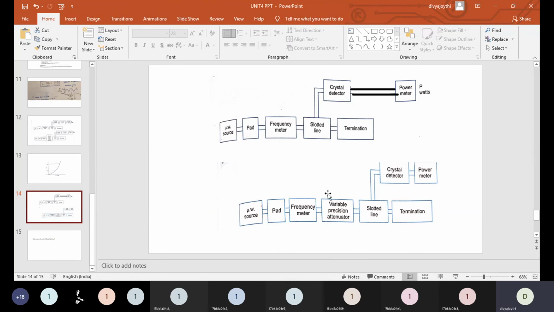The value of attenuation at which you get the 5 watts of power is nothing but the attenuation of your unknown device. So in this manner, by making use of the RF substitution method, the attenuation of an unknown device or of a network can be measured.